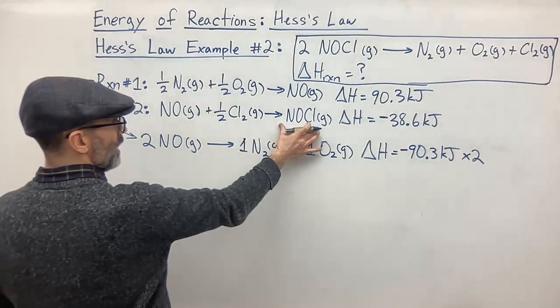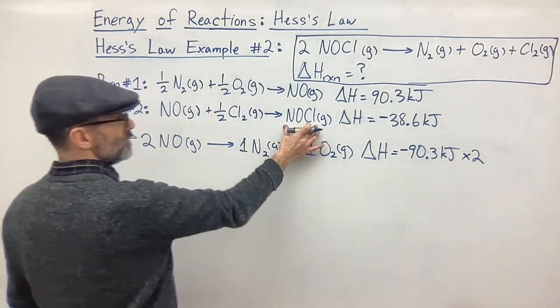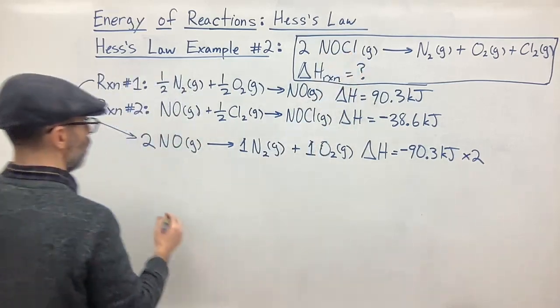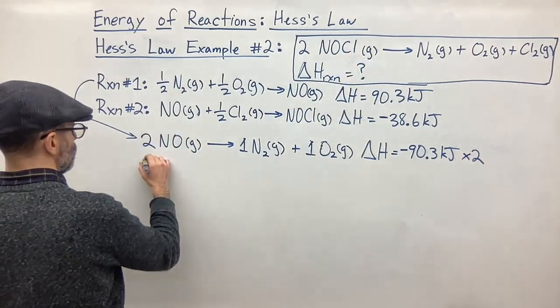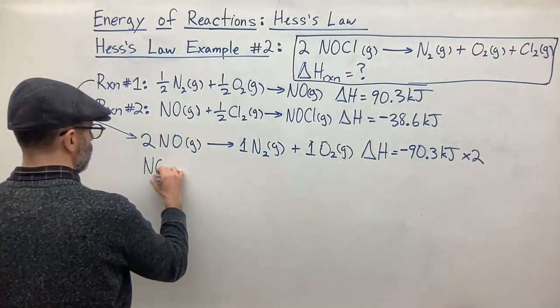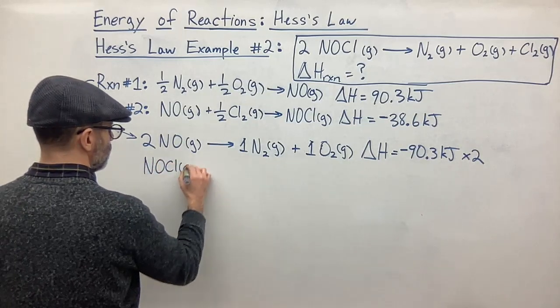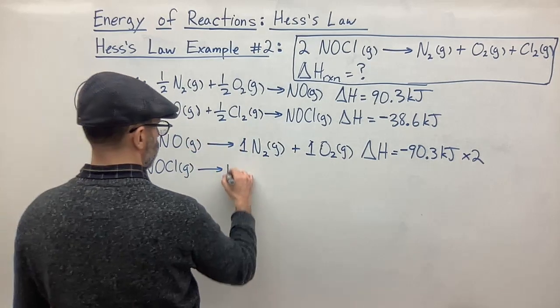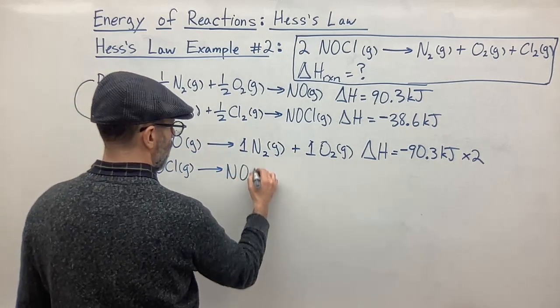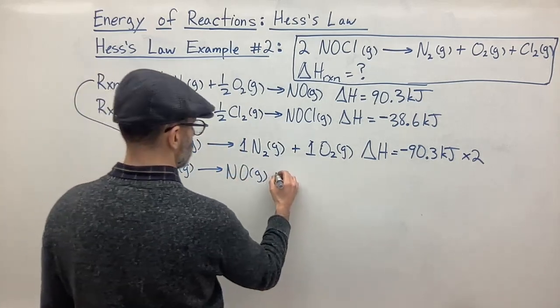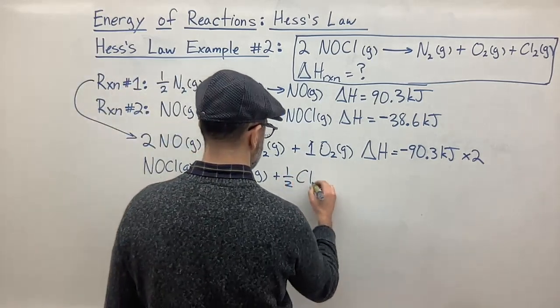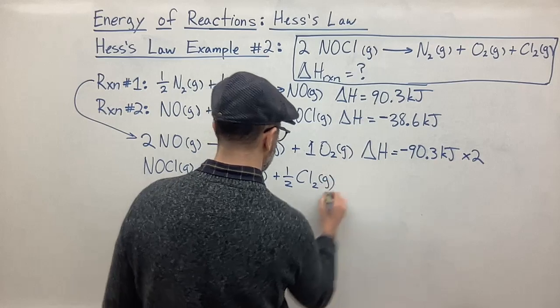So we have NOCl. Notice that we have NOCl as a product, but we want that as a reactant. So we're going to have to reverse this reaction. So NOCl gas becomes NO gas plus 1/2 Cl2 gas.